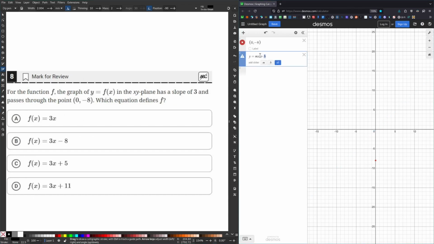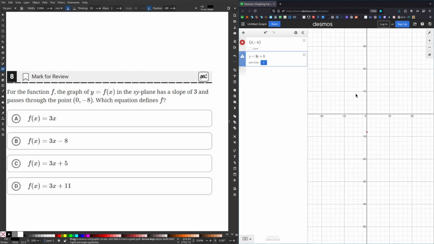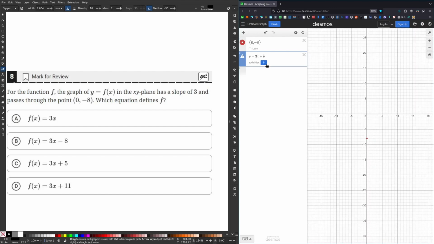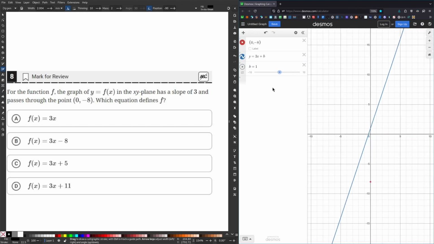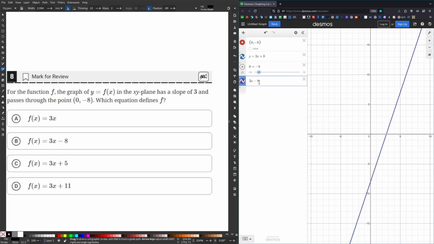We wanted to find the intercept. Okay, we know the slope is 3, so 3x plus b. And add a slider for b, and see for which value of b we get down here. Okay, we get there when b is equal to negative 8, so our equation must be 3x minus 8.